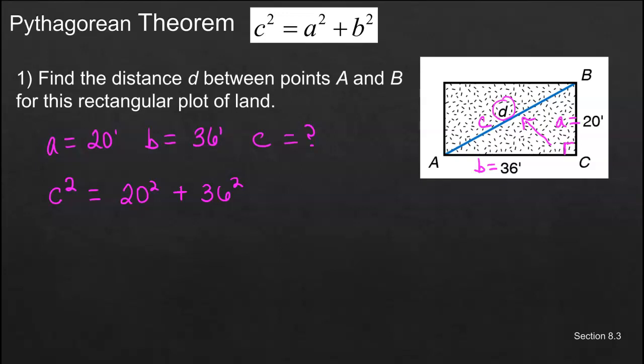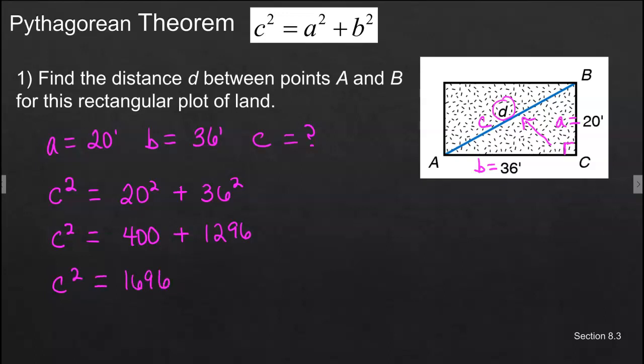And then of course we use our calculators to calculate 20 squared is 400. 36 squared is 1296, and then when we add those together we get 1696. Oops, that's still C squared there. Let's go back here. So I'll go ahead and say C squared one more time.